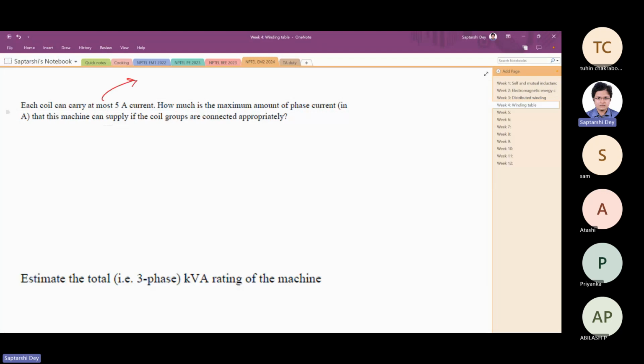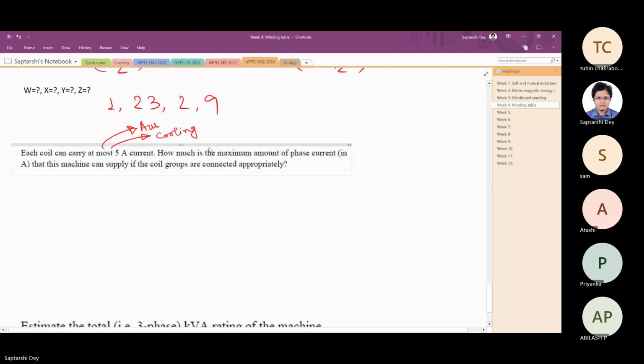Two things decide this. One is the thickness or area of copper, how much they have kept. And the other one is what kind of cooling they have considered while designing the machine.